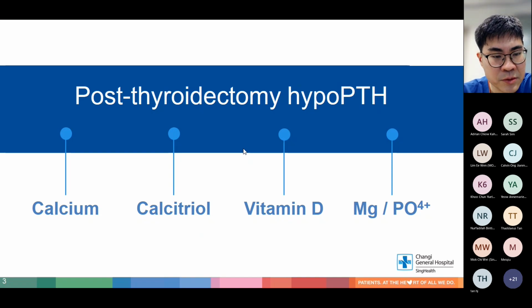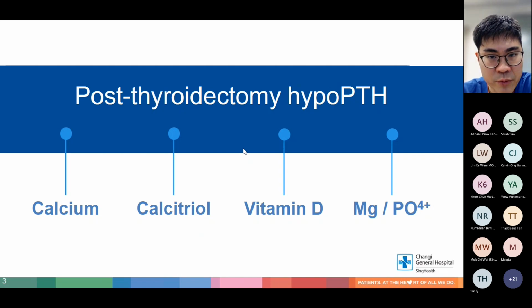Without this, absorption is impaired. We tend to give calcitriol because the body usually needs parathyroid hormone to activate the enzyme that converts vitamin D to its active form, calcitriol. So we have to take all this into account.